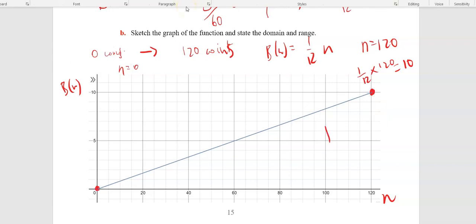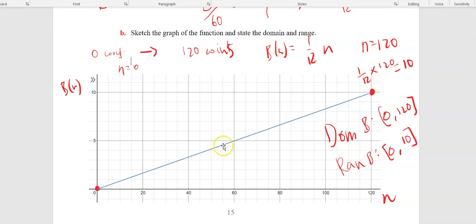The domain of B is 0 to 120. Now it can equal 120 because you can put in 120 coins, and it can equal 0 because you can elect to not put any coins in. The range of B goes from 0, and it can be 0, up to 10.